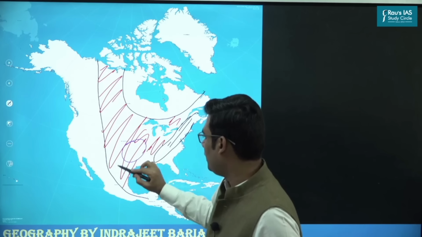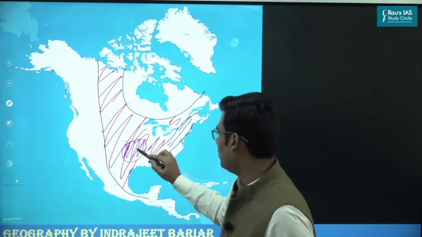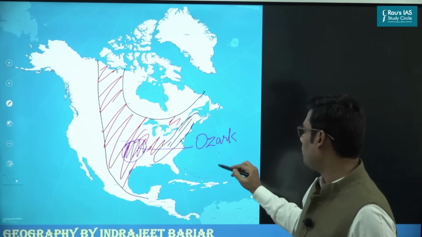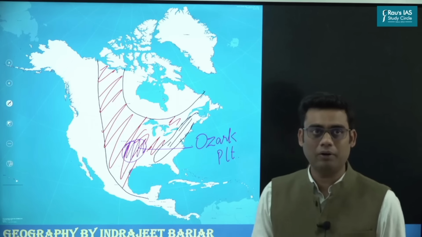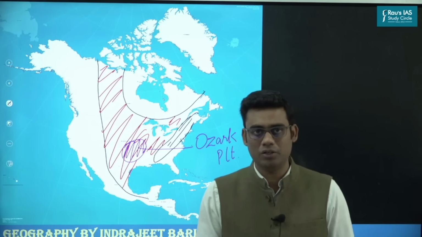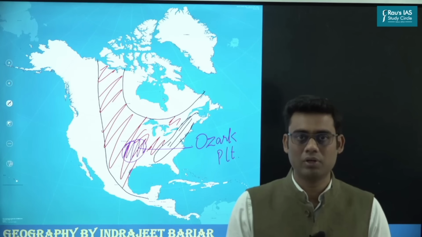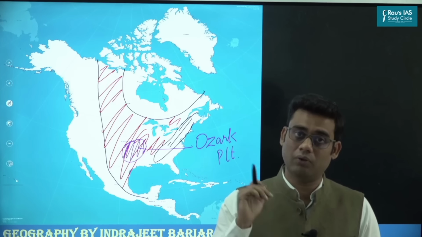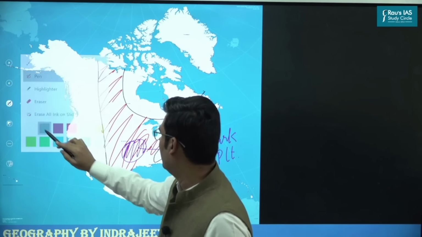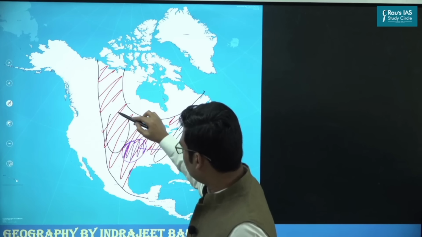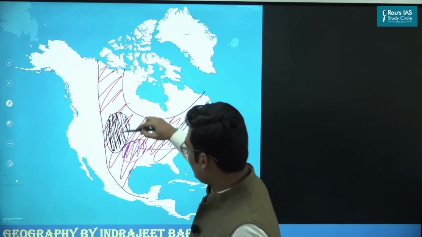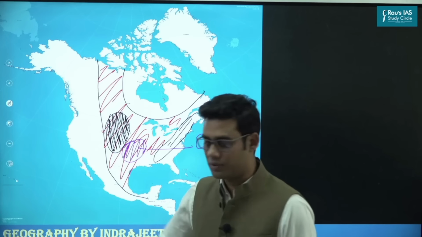First, I find over here the feature that we call the Ozark Plateau. Very much like the Canadian Shield, the Ozark Plateau comprises some of the oldest rock systems of the world. Then along with that, this region is what we identify as the Great Plains of the United States.